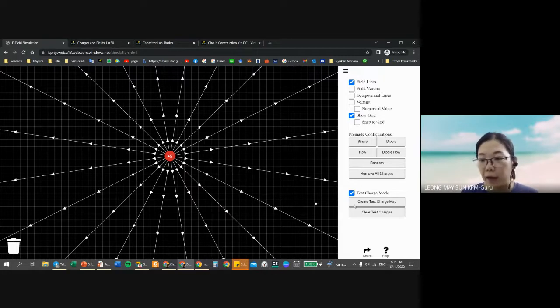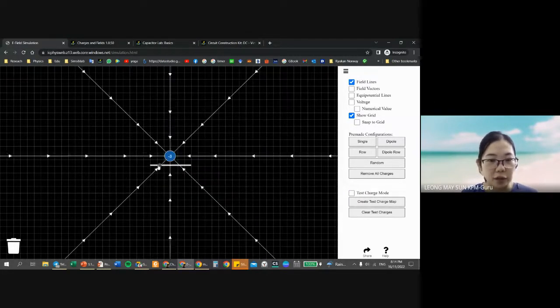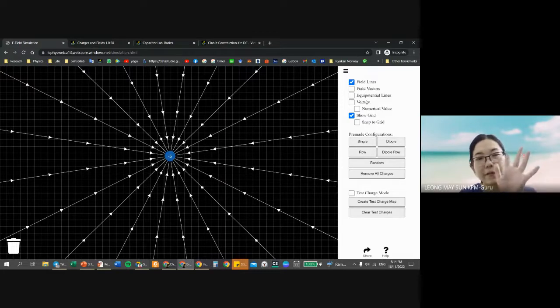But if I change that atom to be negatively charged, which means it has 5 extra electrons compared to protons, it's negatively charged, and do you notice now the electric field lines are moving into the atom, into that charge itself.